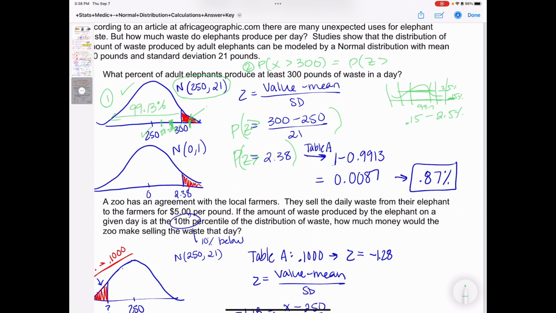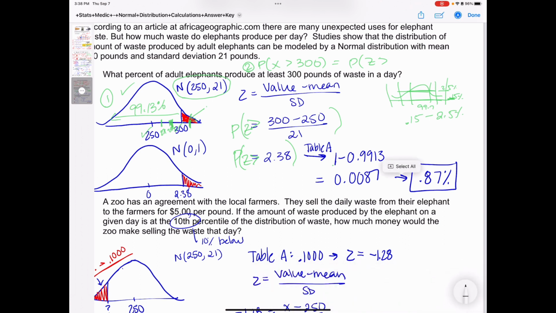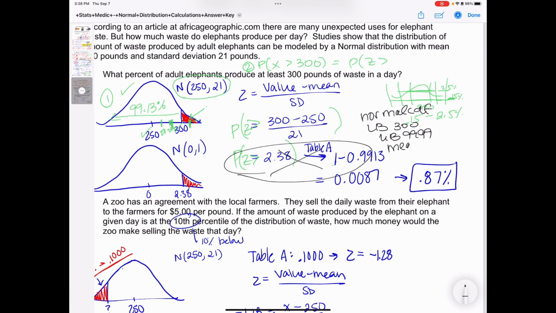If I did this with my calculator, then instead of this step here, I would skip and do normal CDF. Lower bound 300, upper bound infinity, or 9999. Mean is 250, and standard deviation is 21.